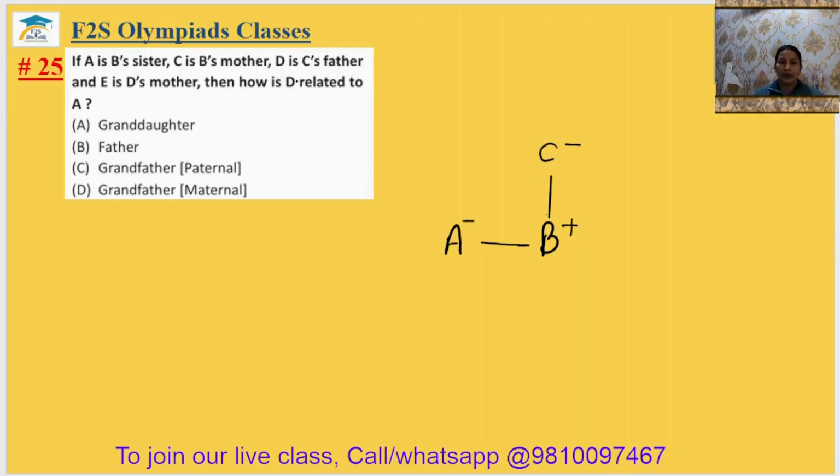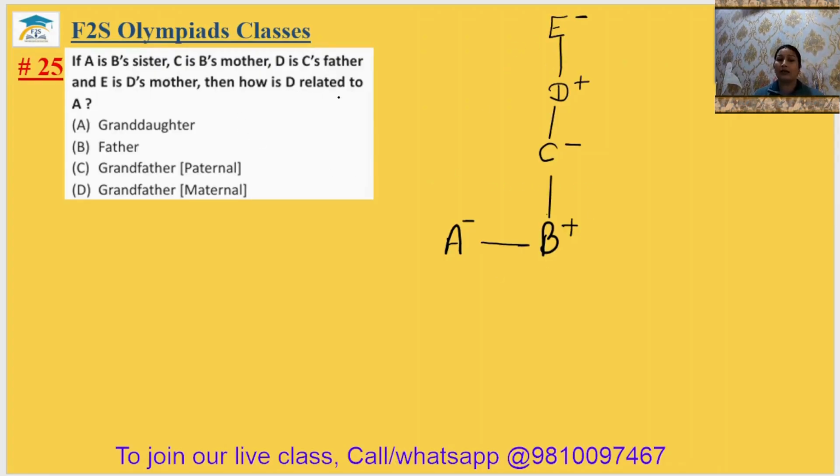And then D is C's father. So go one level upper. And D is C's father. And E is D's mother. Okay. Our family tree will be like this.